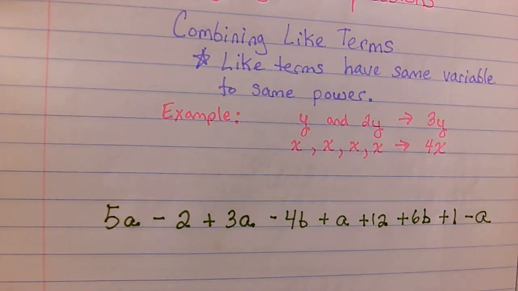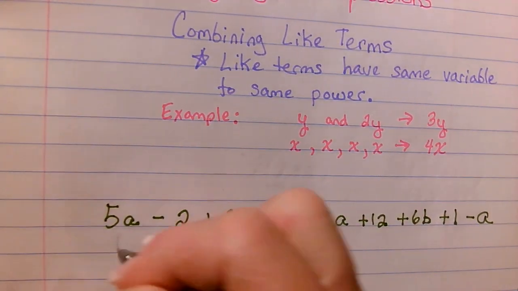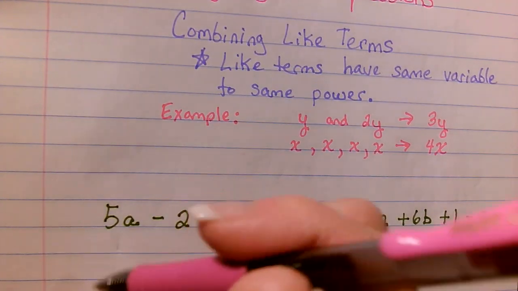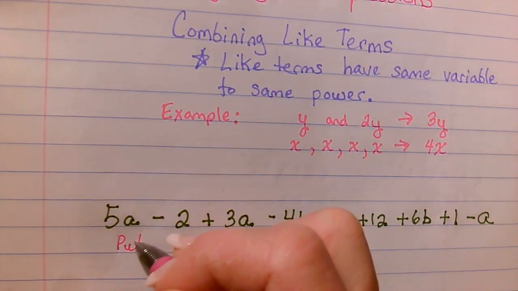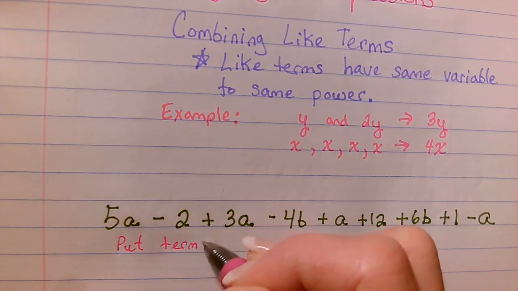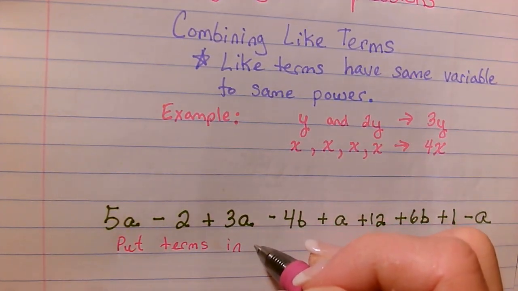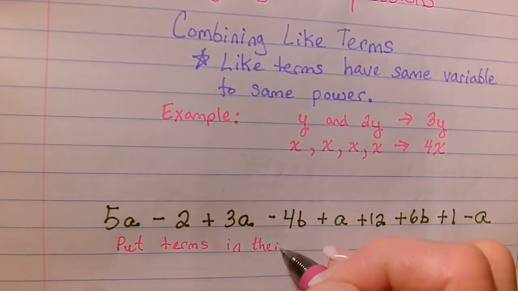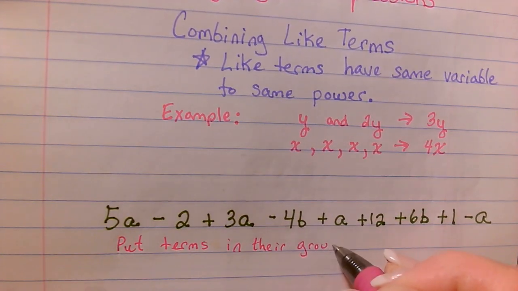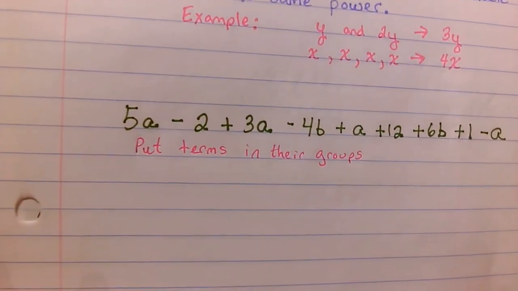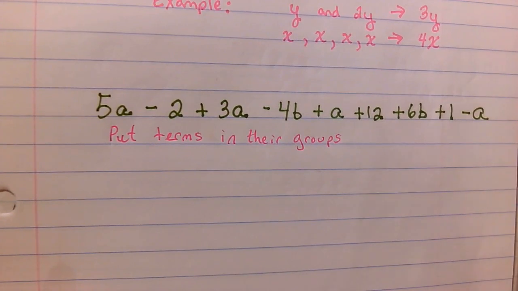Now, one way we can look at this is we can put the terms in their groups, okay? So I could put terms in their groups. And if I do that, let's look at what that would be like.